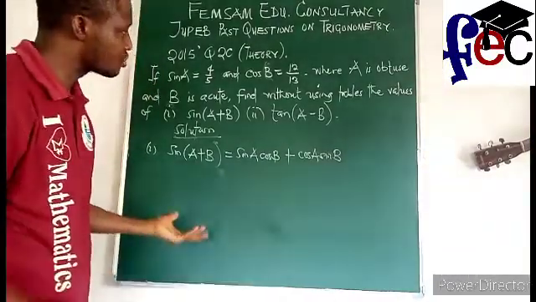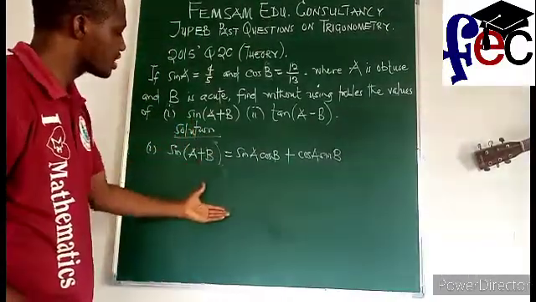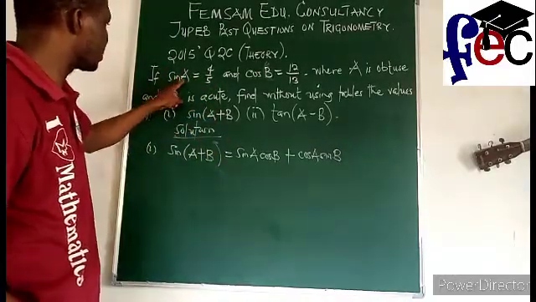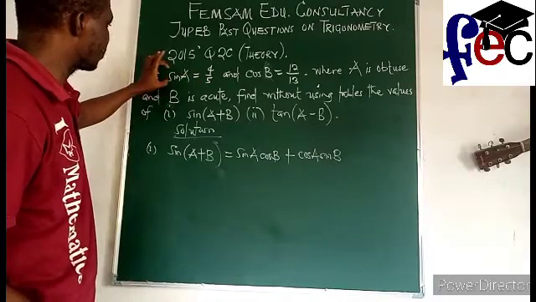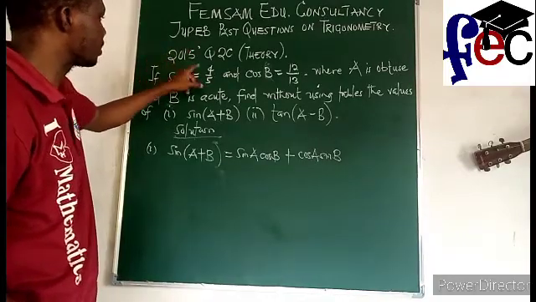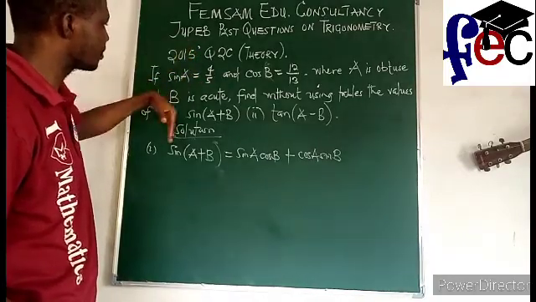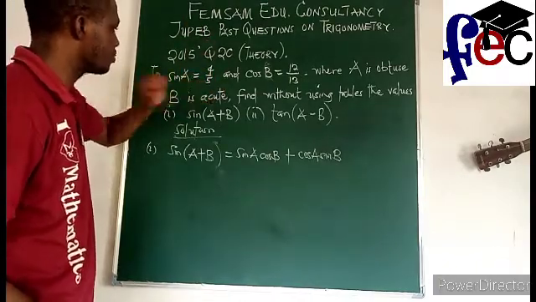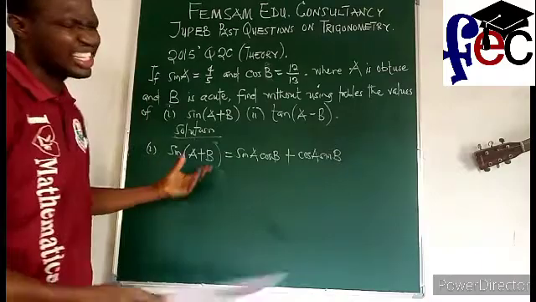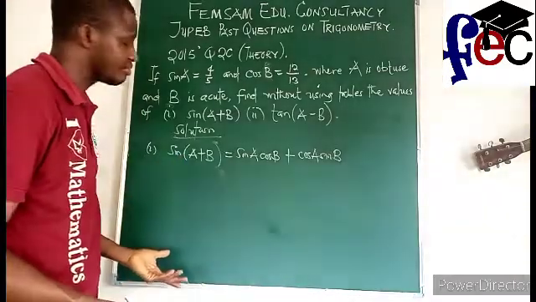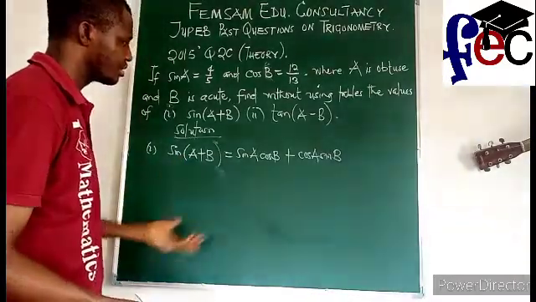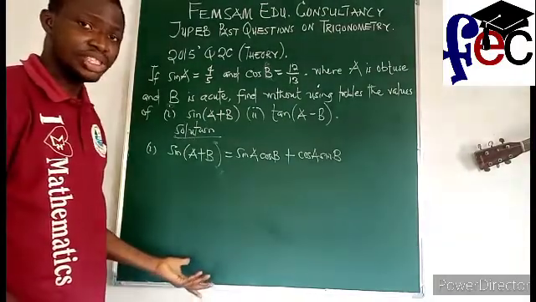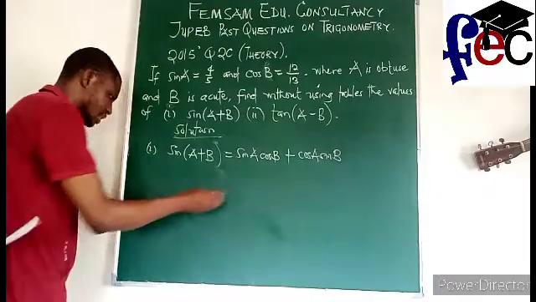Some people may decide to sketch a right angle triangle, because we know that if this is sine A, by definition of sine of an angle, which is the ratio of the opposite to the hypotenuse side, definitely 4 is going to be the opposite side and 5 will be the hypotenuse side. But rather than sketching a right angle triangle, you can as well use your trigonometric identity. So now look at it.